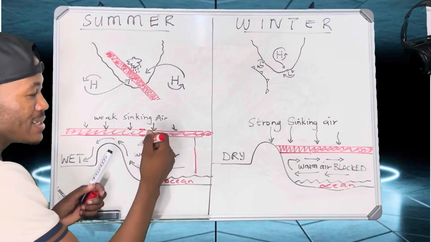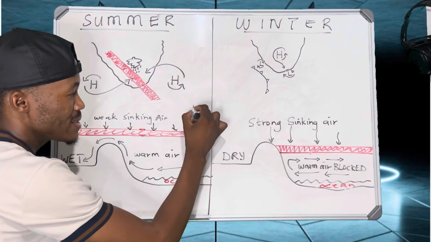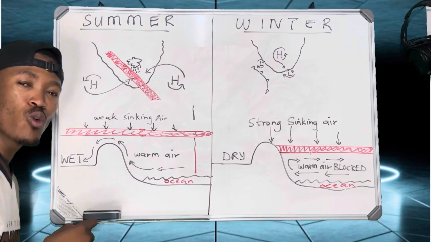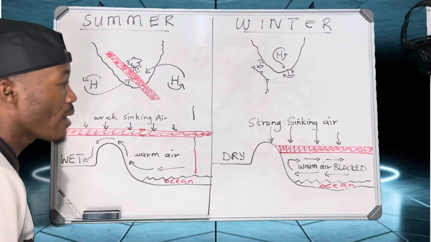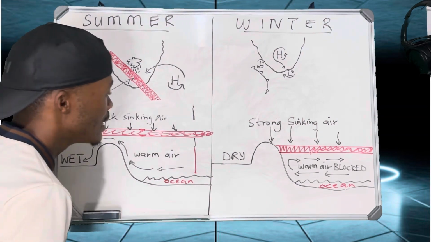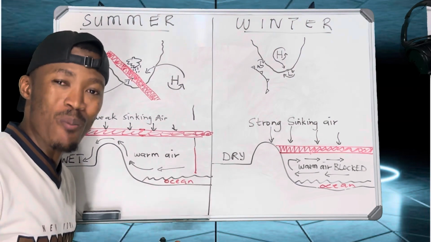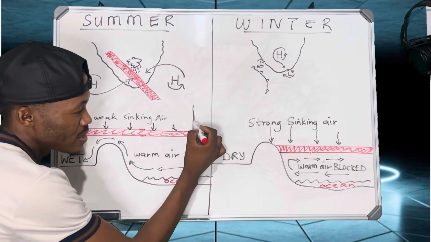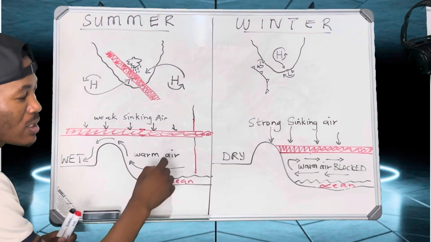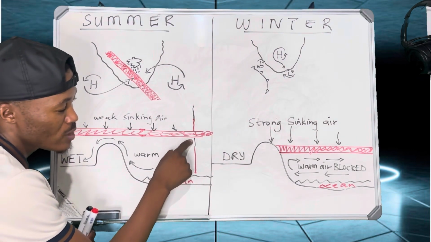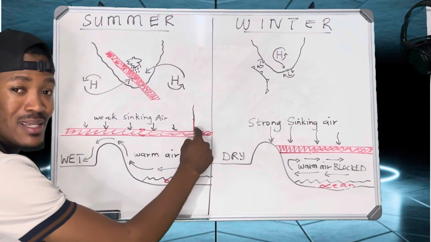But the air that is sinking from higher in the atmosphere is cold. As it sinks, it undergoes what we call adiabatic heating, to say that as this air sinks, it gets warmer. Now, there is a position in the atmosphere where you have cold air that is trying to rise and warm air that is sinking.